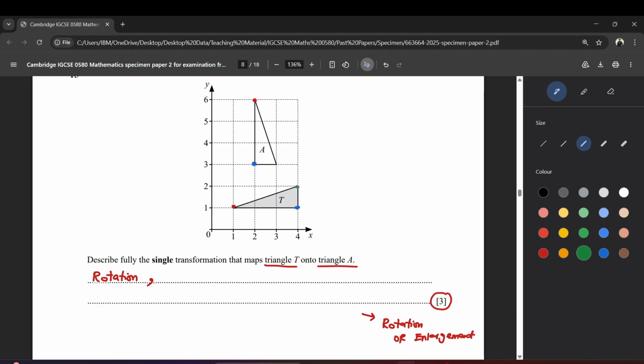And this point corresponds to this point. Each one of them has been rotated by 90 degrees. So you can imagine that your object has rotated 90 degrees, and that's how you have got this position, this shape. So that will be 90 degrees clockwise.